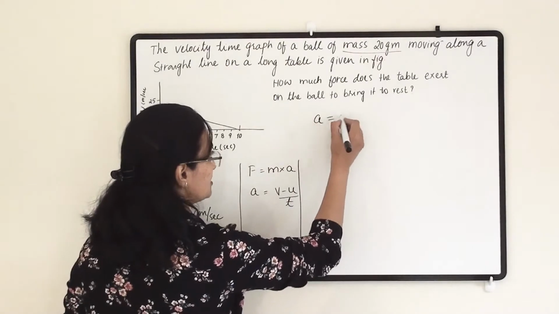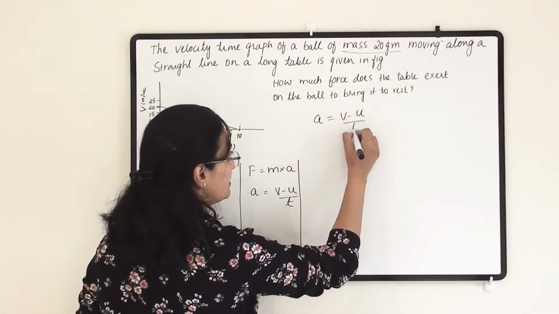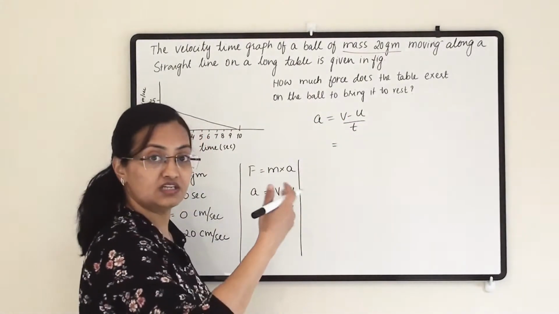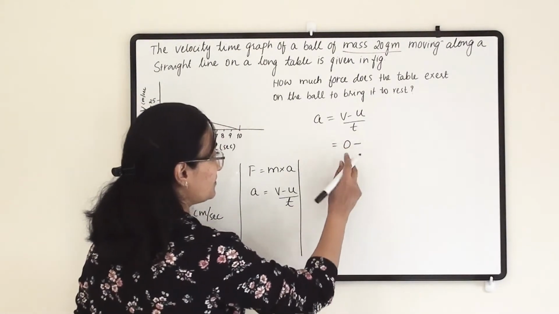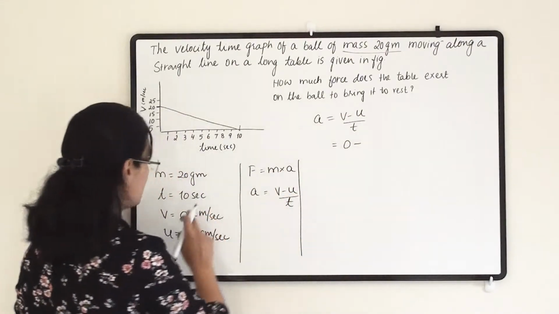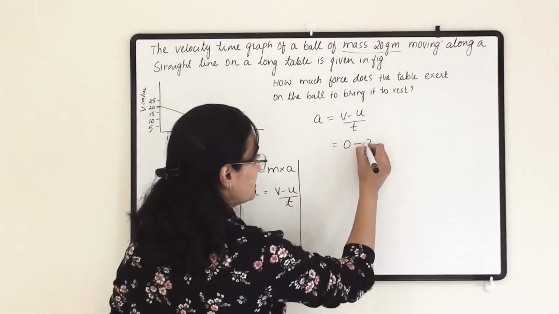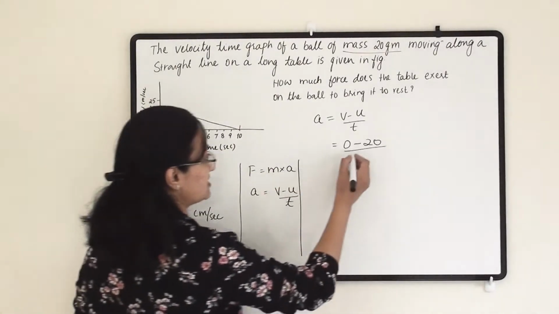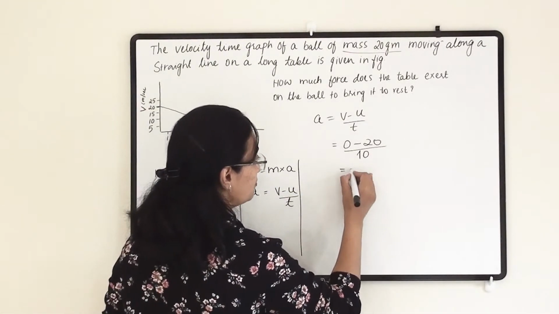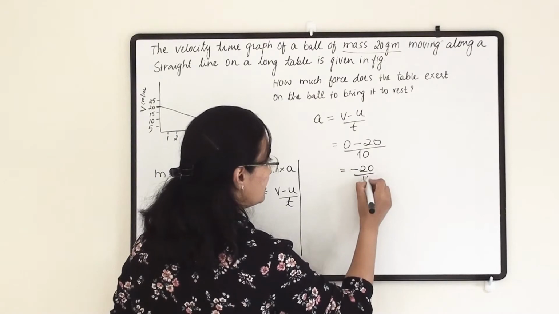Acceleration equals v minus u divided by t. Eventually it is going to stop, so its final velocity is 0. And u, the initial velocity, is 20 as given in the graph, and time is 10 seconds. So we get minus 20 divided by 10.